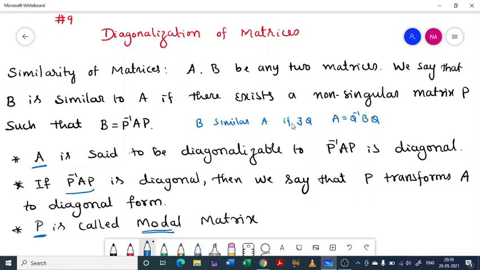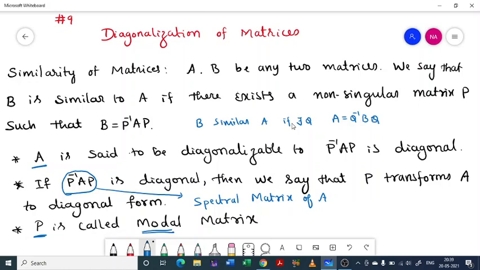Now this matrix P inverse AP has a particular name: it is called the spectral matrix of A. Why is it called the spectral matrix? There is a reason for that.